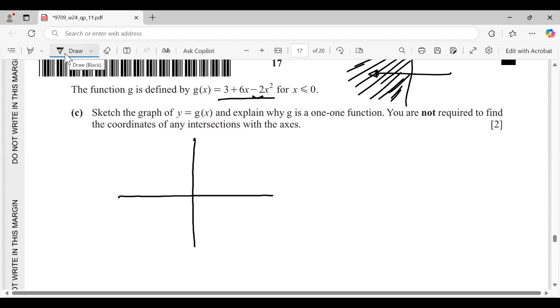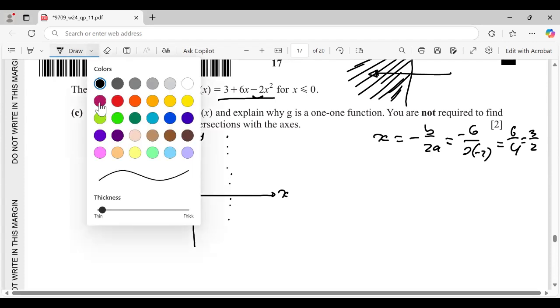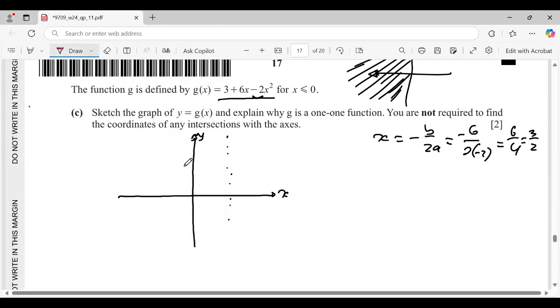Right. So the vertex of the parabola is at x equals minus b over 2a, which is minus 6 over minus 4, and it is 3/2. So around here, x positive. This is the y axis, x axis. So around here, the vertex. And if you sketch using a different color, like this.